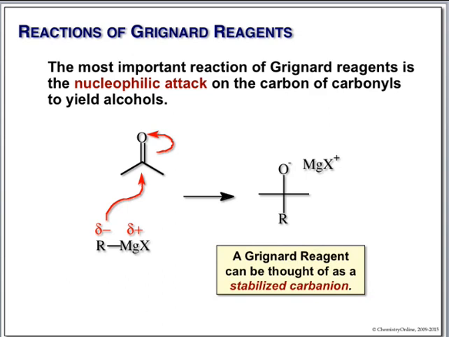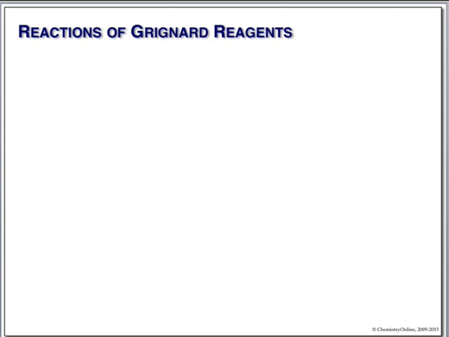Just like we think of lithium aluminum hydride as H-, always think of a Grignard reagent as simply a stabilized carbanion. Makes it a very, very nice way to make oxyanions.